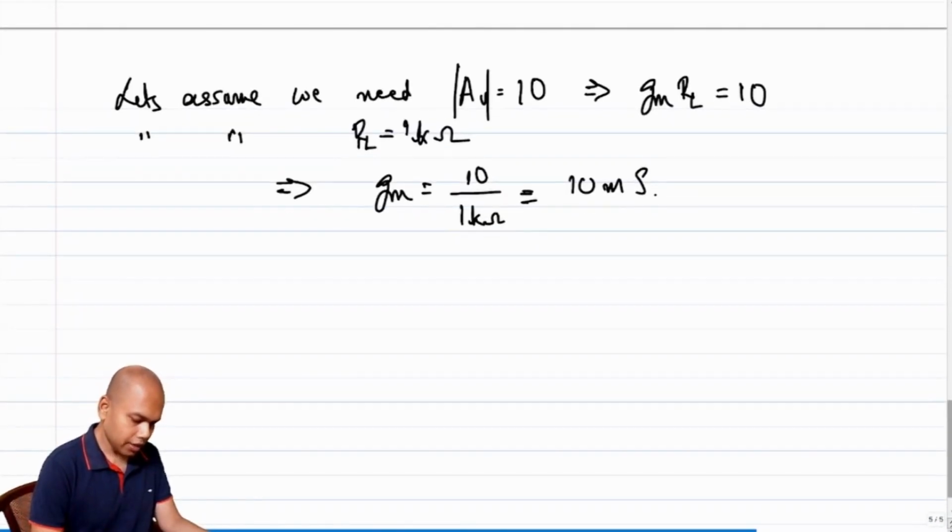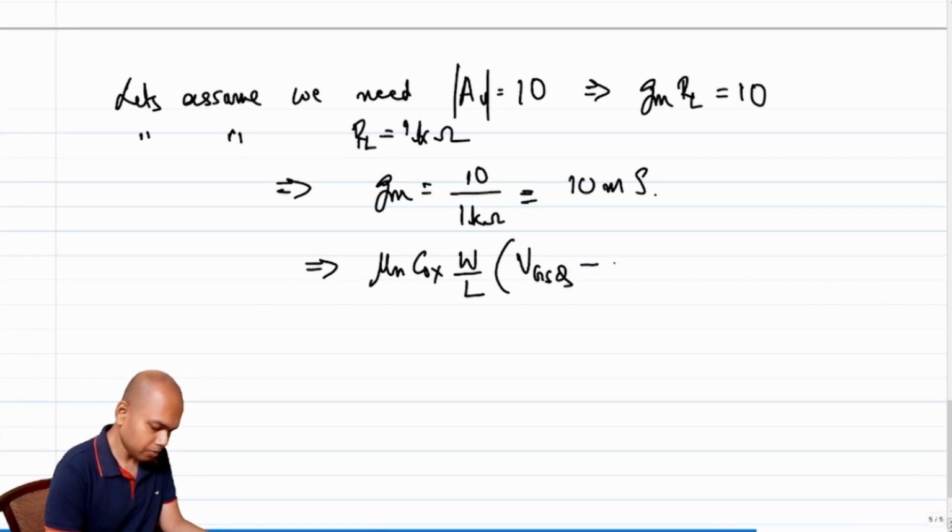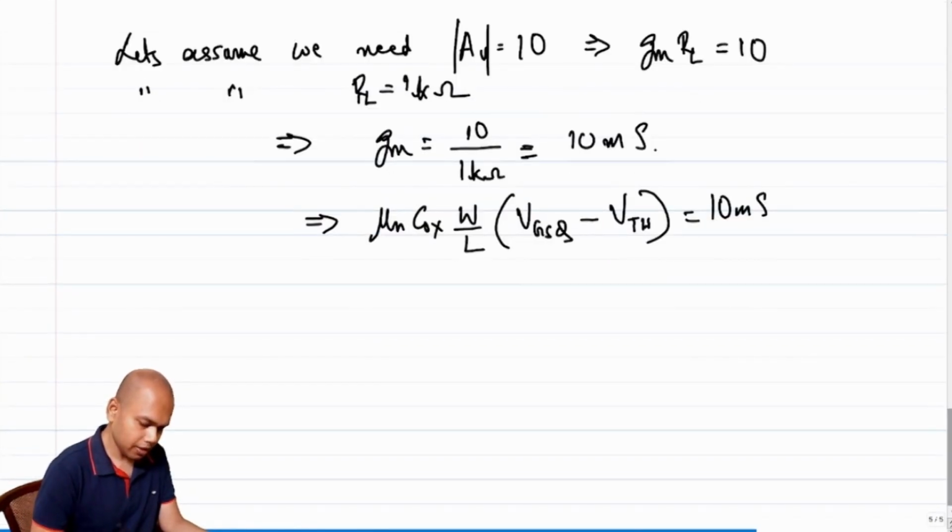So now in this particular configuration of amplifier, if GM is 10 millisiemens, what does it mean? What is the basic expression of GM? It is mu n Cox W over L times VGSQ minus threshold voltage, which is 10 millisiemens, right?